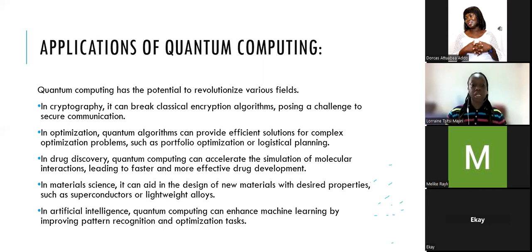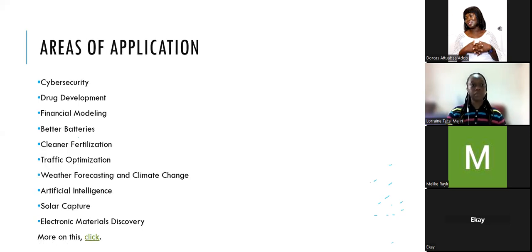It can also be used in artificial intelligence. For example, quantum computing can enhance machine learning by improving pattern recognition and optimization tasks, which I've also just mentioned earlier. Other areas include financial modeling.